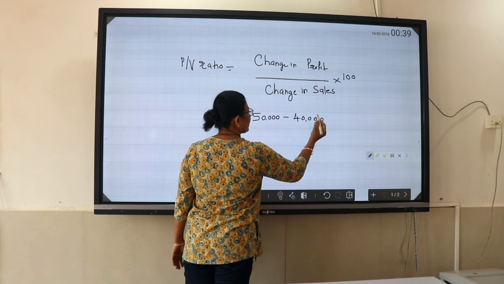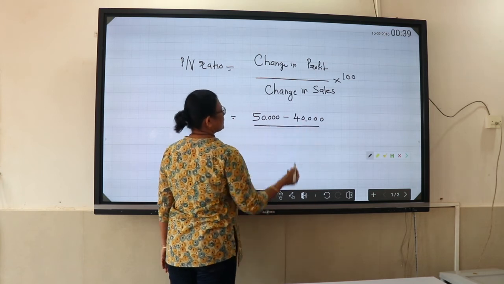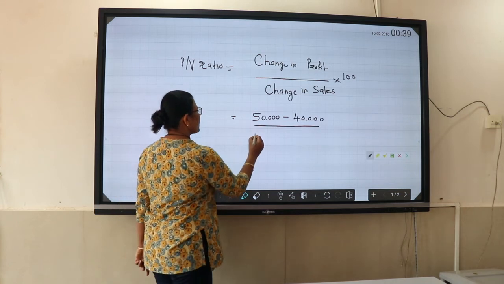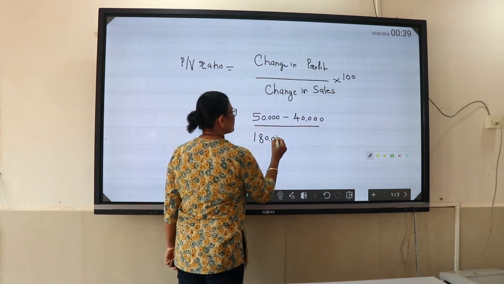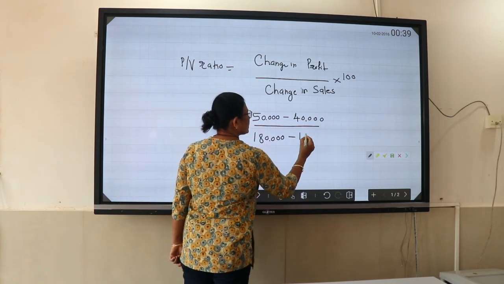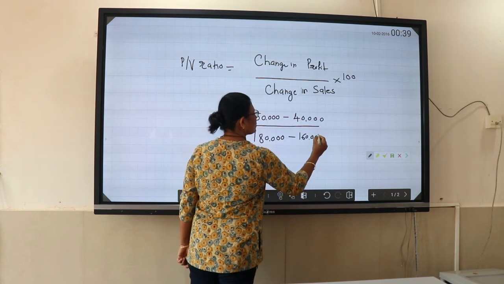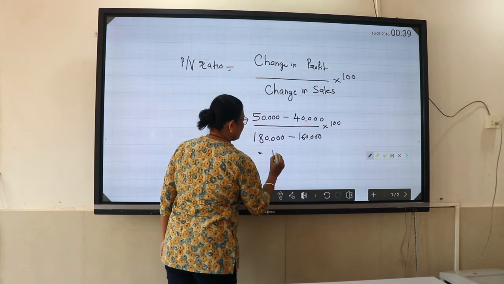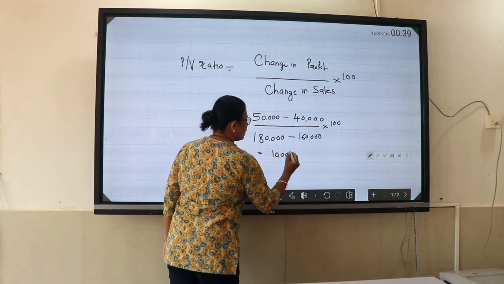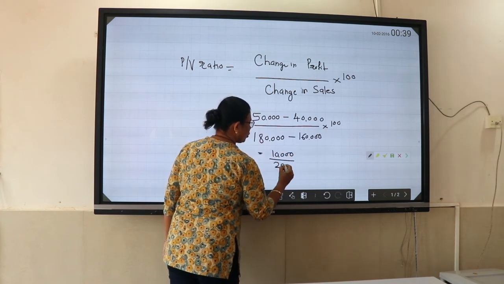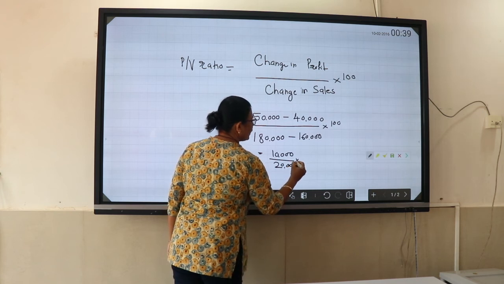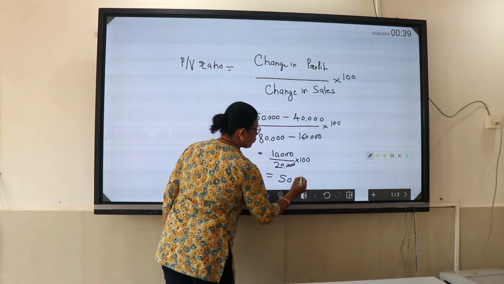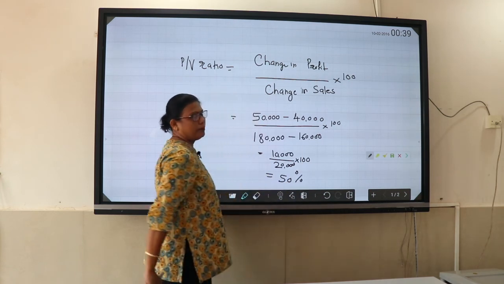So 50,000 minus 40,000. Similarly, change in sales. 2020's sale is 1,80,000. This is 1,60,000. Into 100. So we get 10,000 divided by 20,000 into 100. In this situation, PV ratio will become 50%.